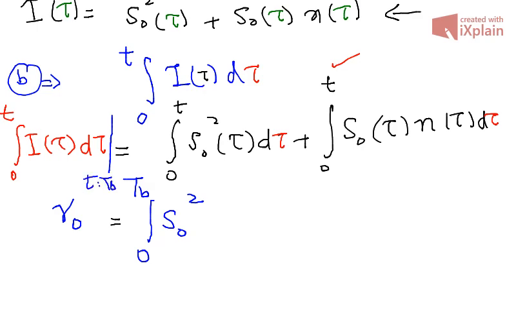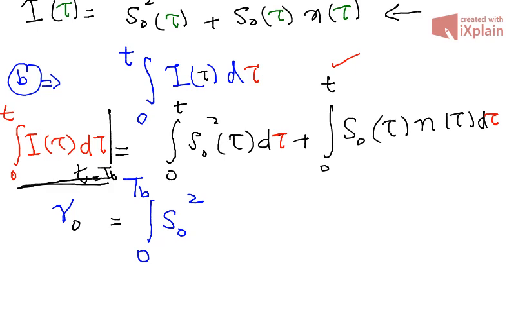Let me write it in a different color so that you can find it later when you compare it. R naught is the value of this integral when t is equal to tb.